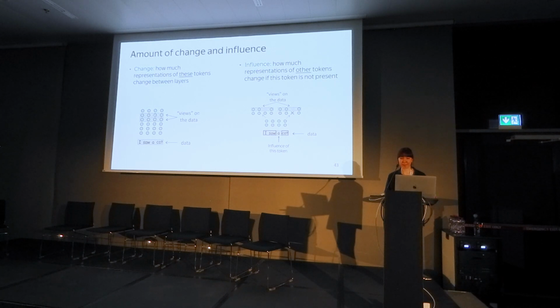So when we talk about token change, we mean how much representations of these tokens change between layers. When we say influence, we mean how much representations of other tokens change if we exclude the current token from interactions at a given layer. So if I am not here, how different would you all be, right? So this is how we evaluate influence.